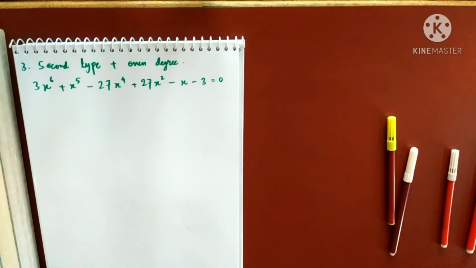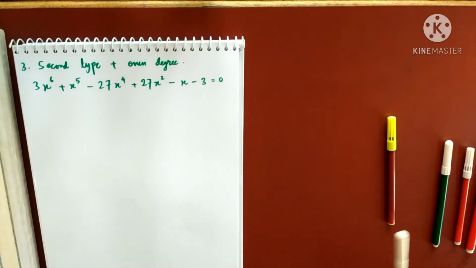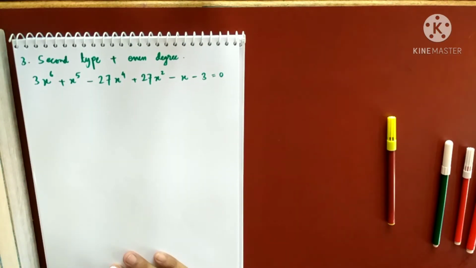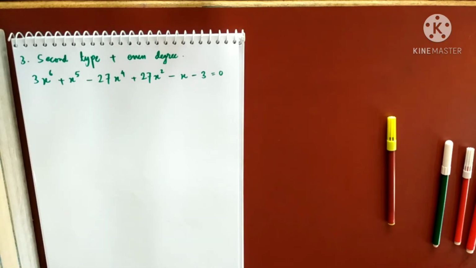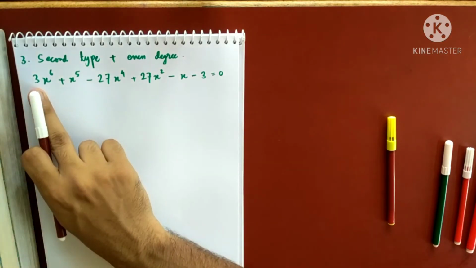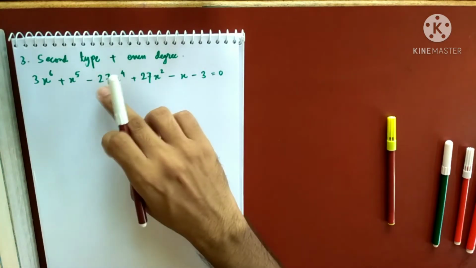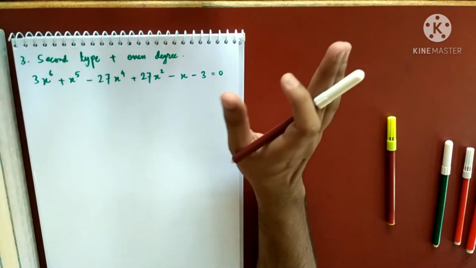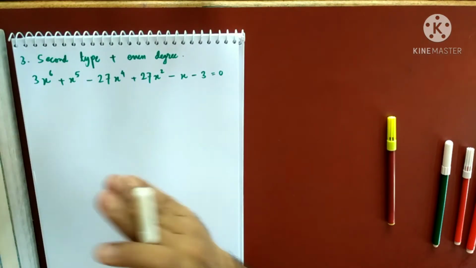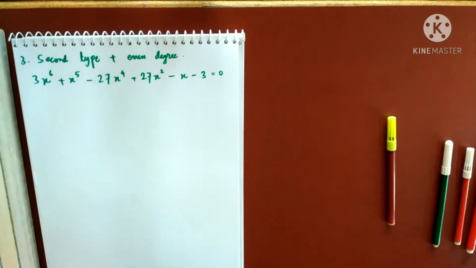You can clearly check this is of the second type and even degree. Why second type? 3 and minus 3, 1 and minus 1, minus 27 and plus 27. So the coefficients from the end and from the beginning are equal in magnitude but opposite in sign.